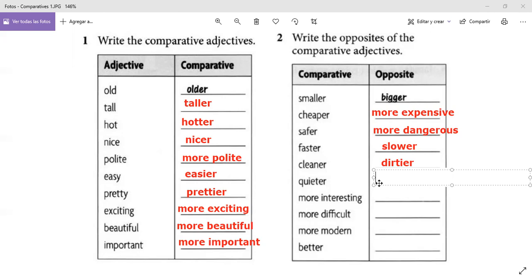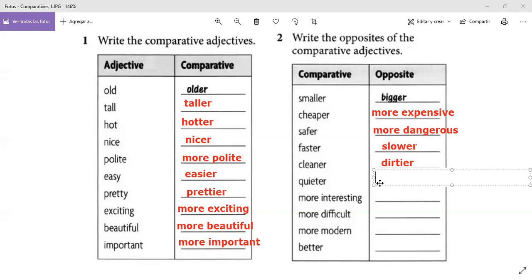No. Quiet is a person who doesn't talk a lot. For example, Leo is here and he is not talking today. Okay, so you are a quiet person.